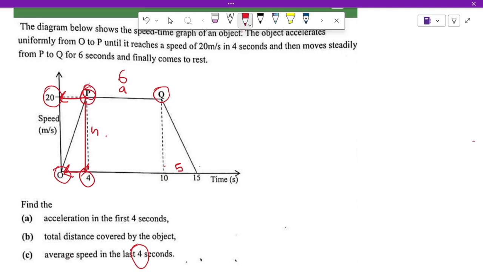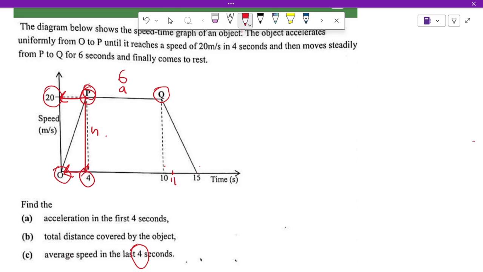So the time from there to there is 5. Now they are saying calculate the average speed in the last 4 seconds. So the last 4 seconds will be 15 minus 4, giving you 11. So let's say here we have 11. So they want us to find the average speed in the last 4 seconds.